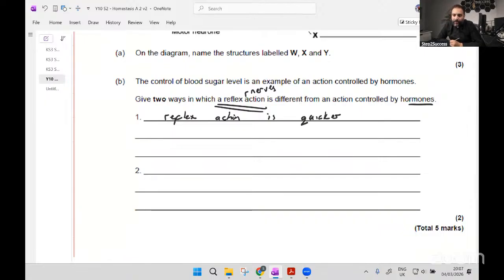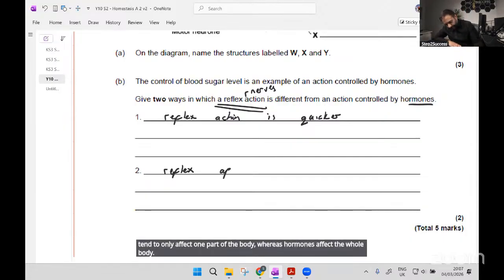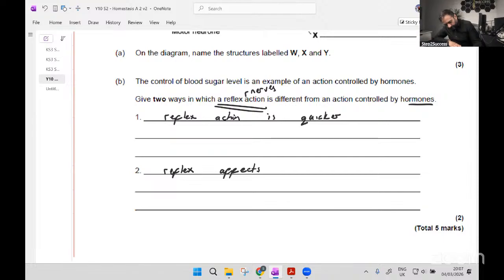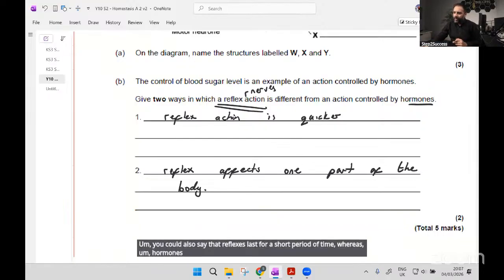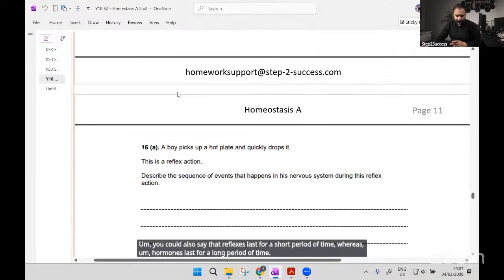Also, reflexes tend to only affect one part of the body, whereas hormones affect the whole body. You could also say that reflexes last for a short period of time, whereas hormones last for a long period of time. All right, 7B.